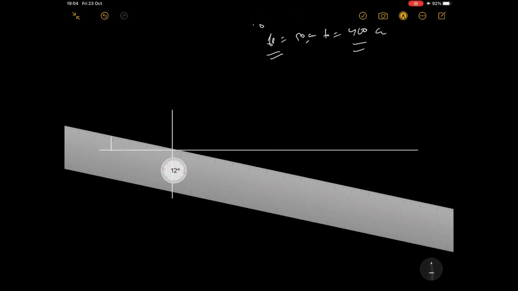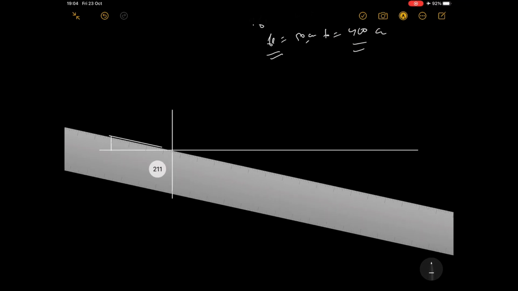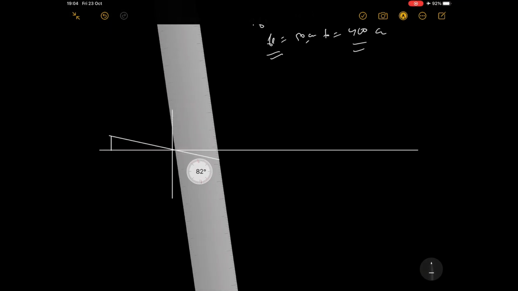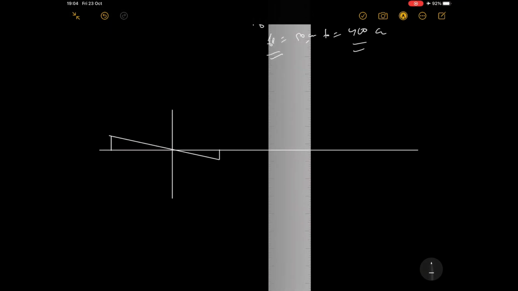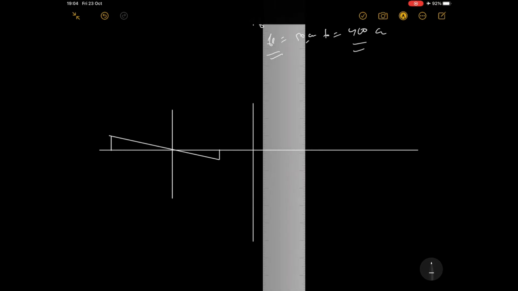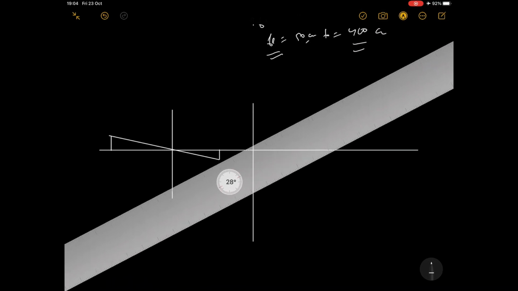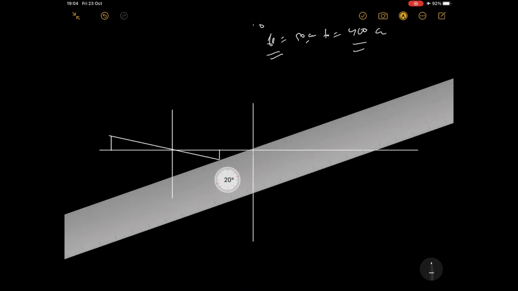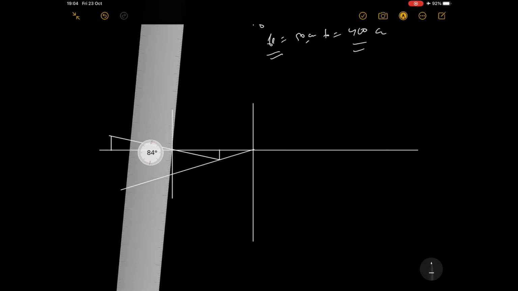Again the intermediate image will be formed like this here. Then we have the eyepiece, and the eyepiece will form the final image at the near point.